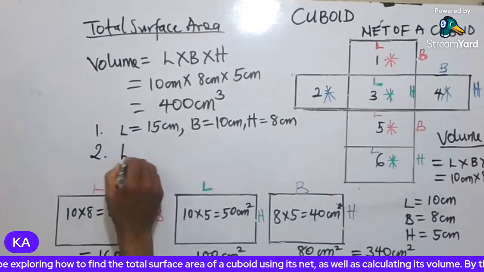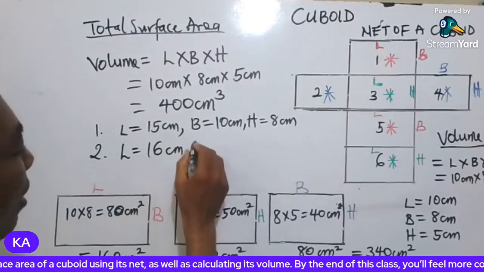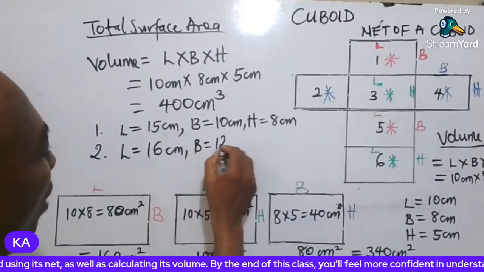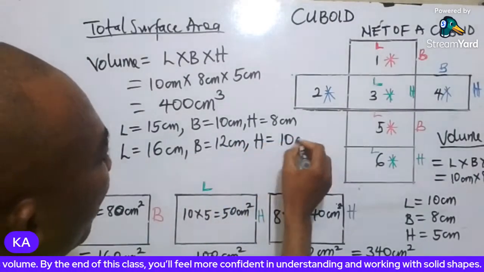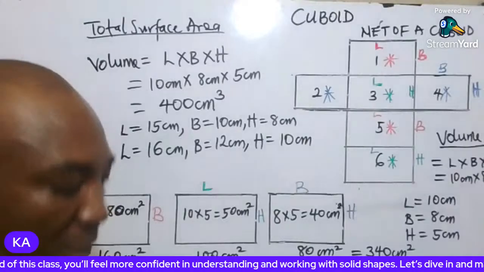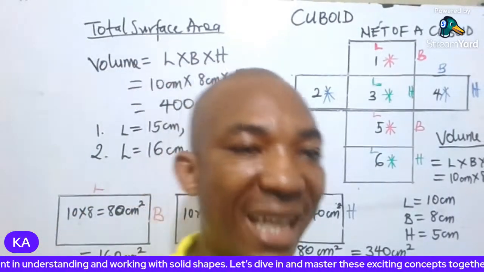Number 2, the length is 16 centimeter, the breadth is 12 centimeter, and the height is 10 centimeter. Find the answer to these two and drop your answer in the comment section.